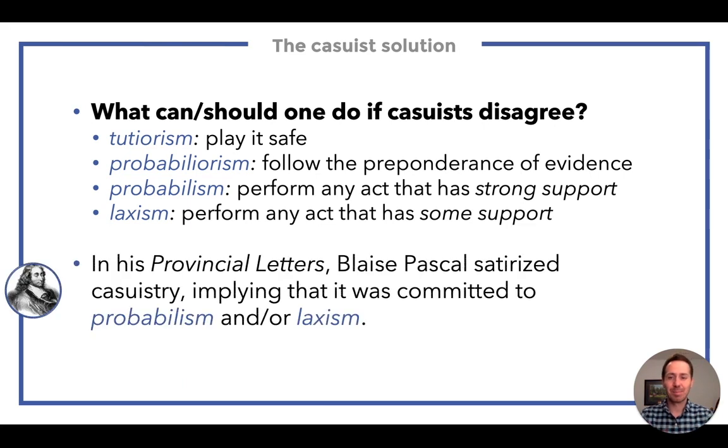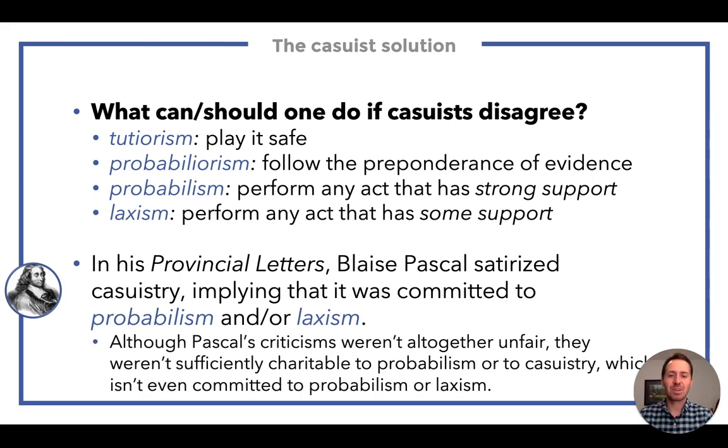So Blaise Pascal, in his Provincial Letters, really satirizes casuistry, implying it's committed to probabilism or laxism, and he makes it look really bad. And so, as a result, people abandon casuistry, and the whole practice falls into disrepute.